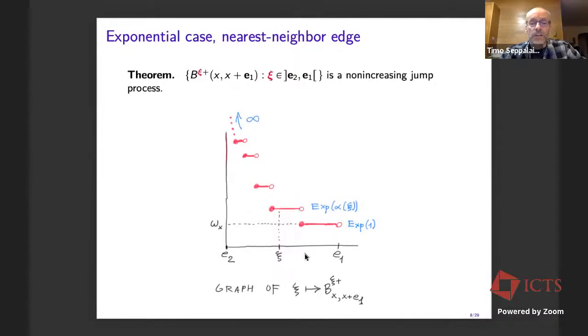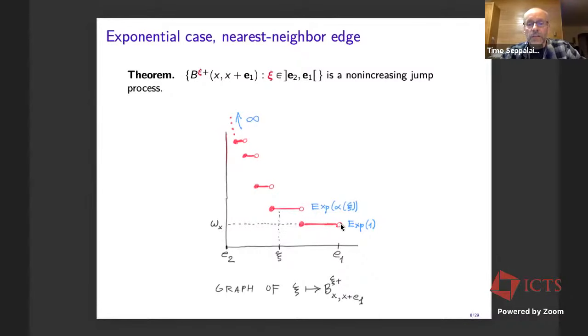Here on the horizontal axis is the simplex from e2 to e1. So the direction vector c varies along this segment here. And the red graph is the graph of this Busemann function as a function of c. So it's a jump process, see, càdlàg. So it's constant and makes jumps. These various values here, they're all exponentially distributed.